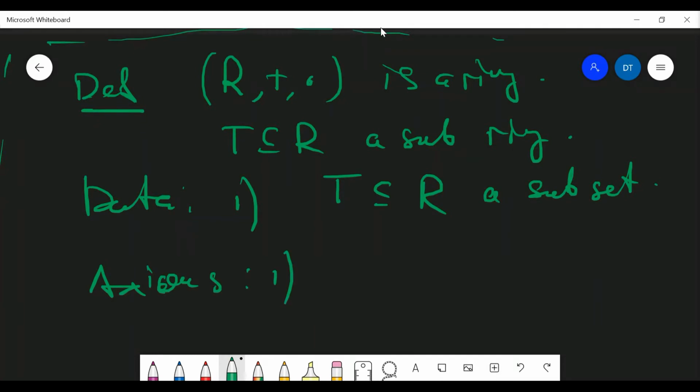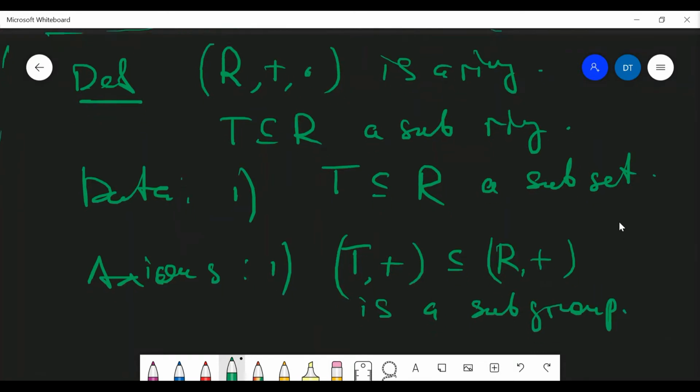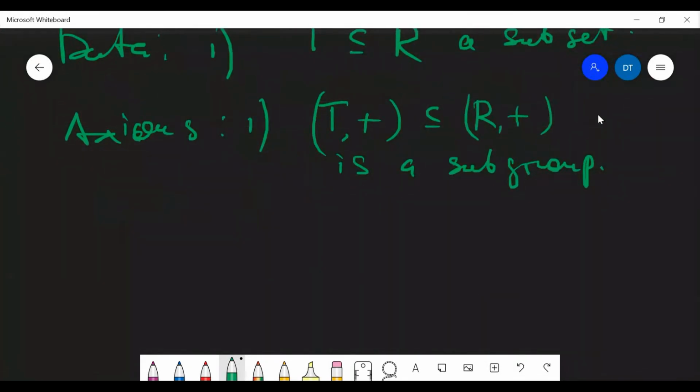First of all, (T, +) must be an abelian subgroup of (R, +). Well, it is a subgroup, and it will be automatically abelian because the addition is commutative.